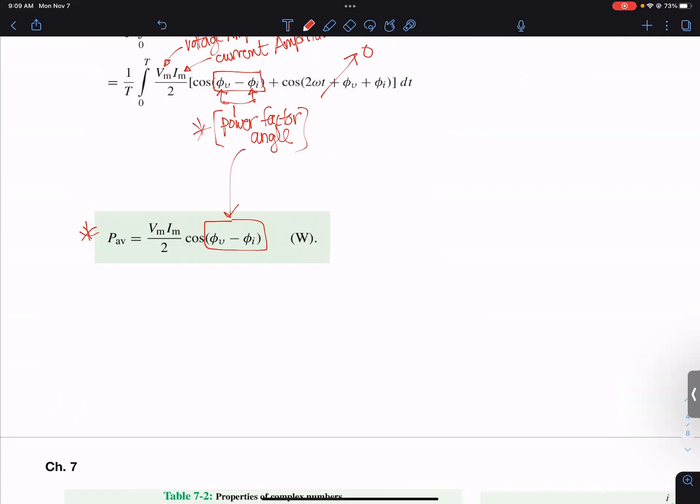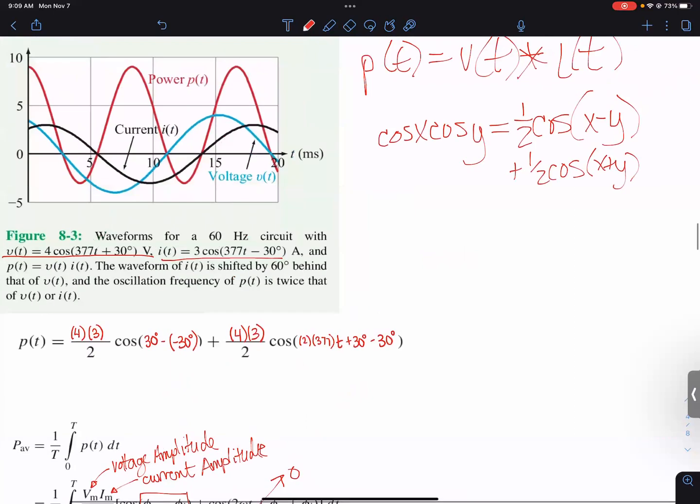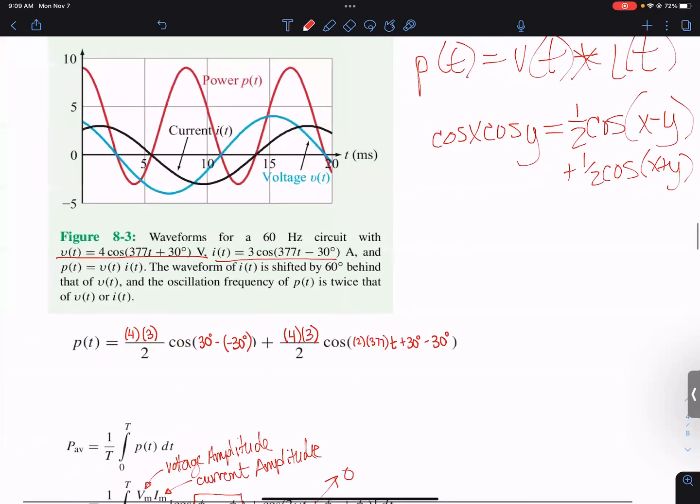Why is it voltage minus current and not current minus voltage? That's a good question. It's because the current is usually behind the voltage, because you're supplying the voltage typically. That's not a really good answer. Let me think about it.